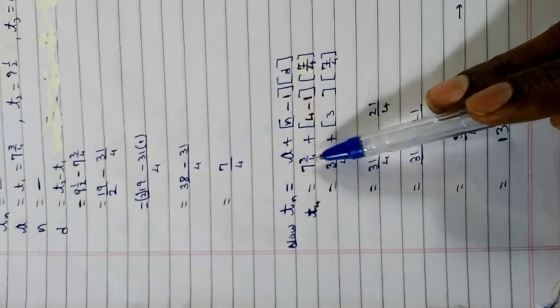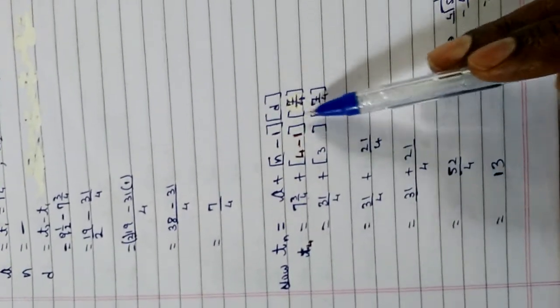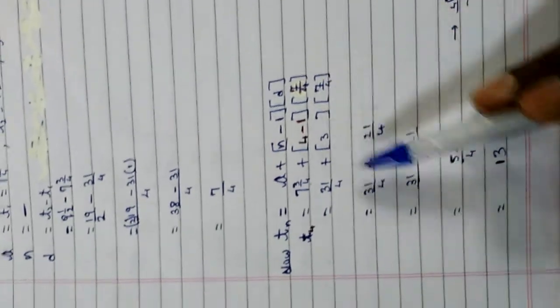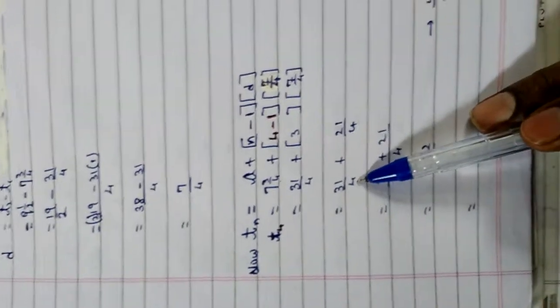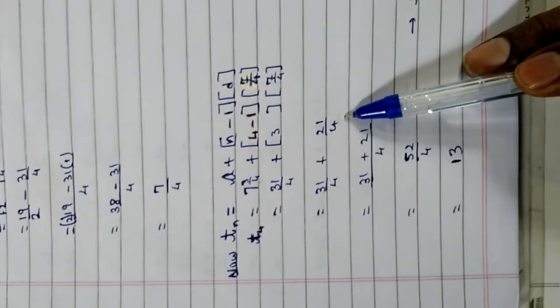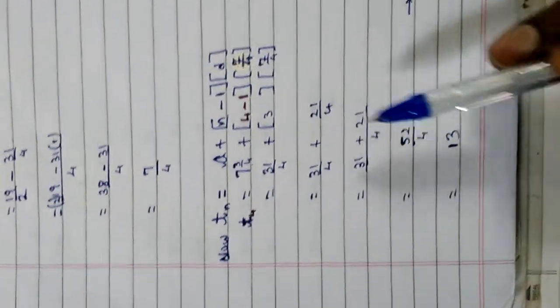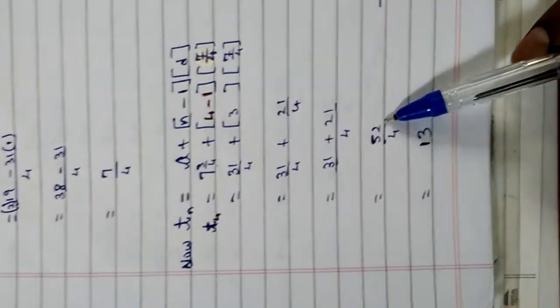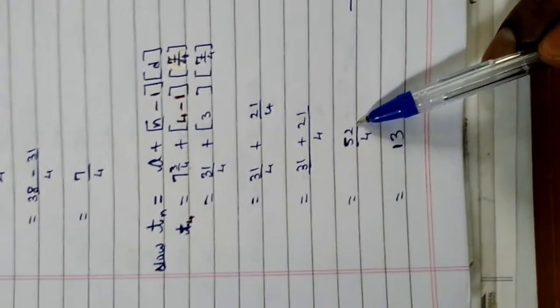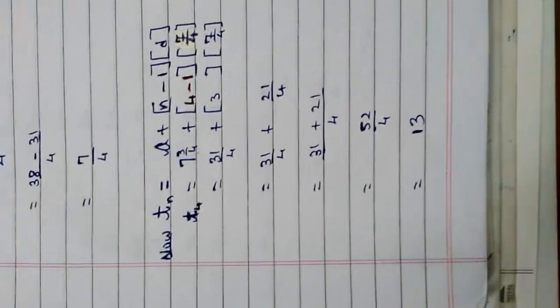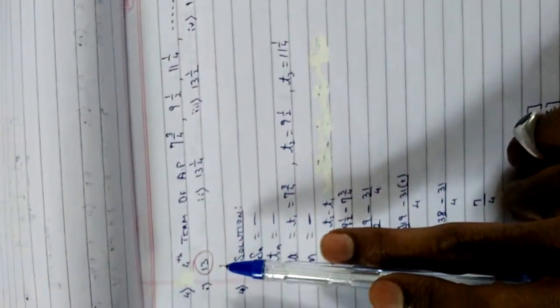So T4 is 31 upon 4 plus 4 minus 1 into 7 upon 4. We solve it, we'll get 31 upon 4 plus 21 upon 4. We take the LCM, we get 52 upon 4, which means 13. So the right answer is 13.